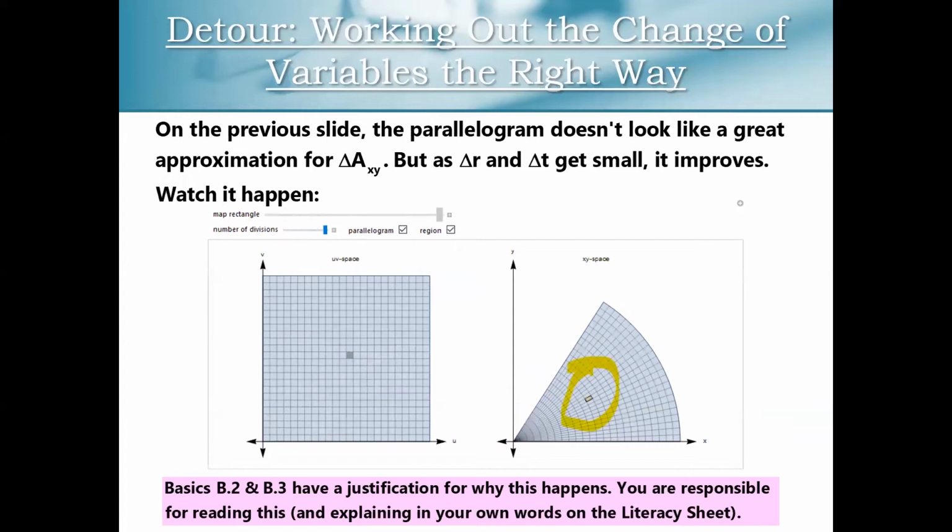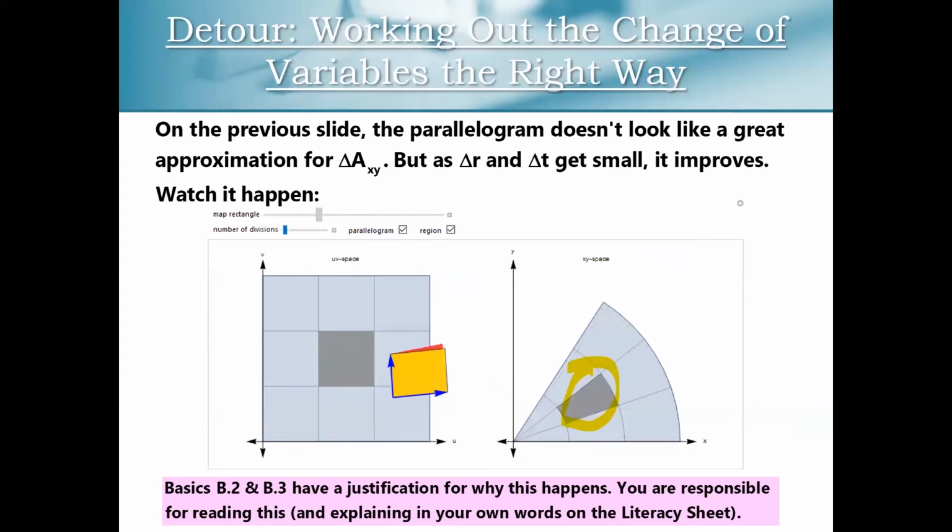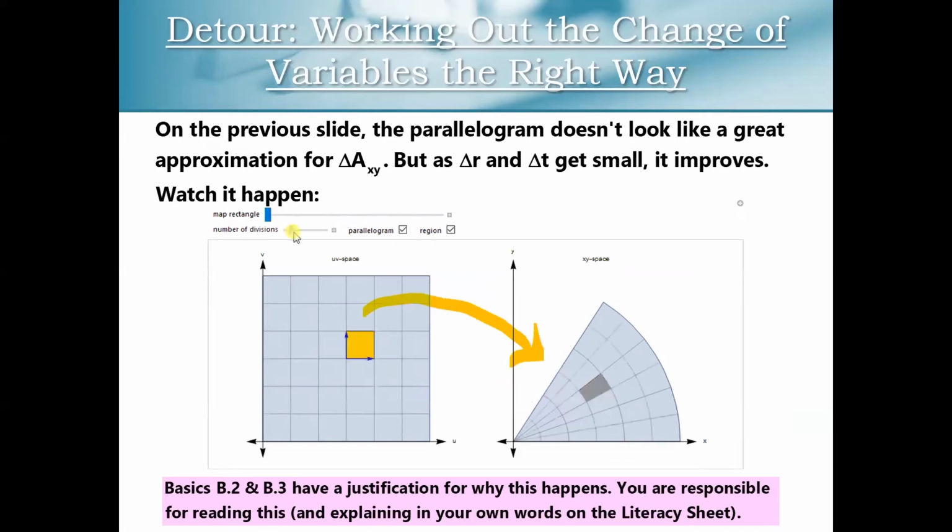In this animation, there is a yellow parallelogram and a red sector, but you can't tell the difference between the two in the limit as you get very, very small. So for a large picture, you could see the error, but as our delta R and our delta T get really small, the error shrinks to zero.